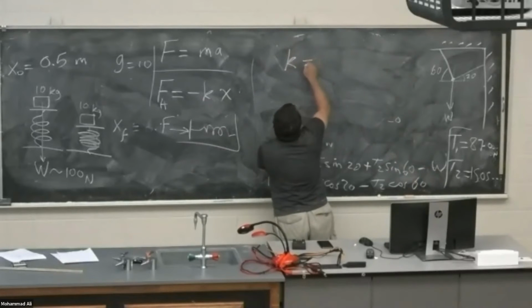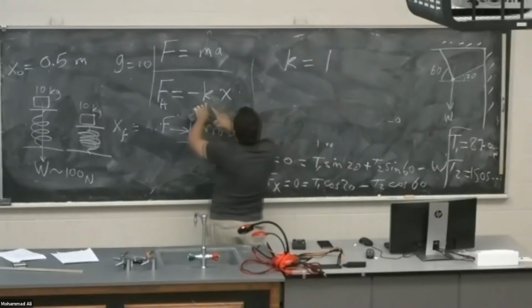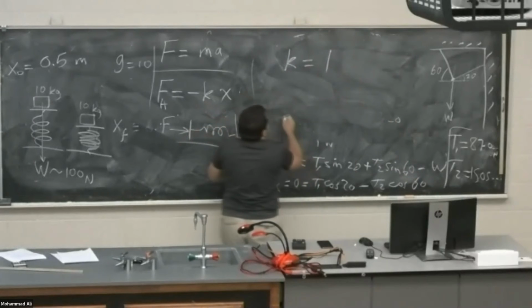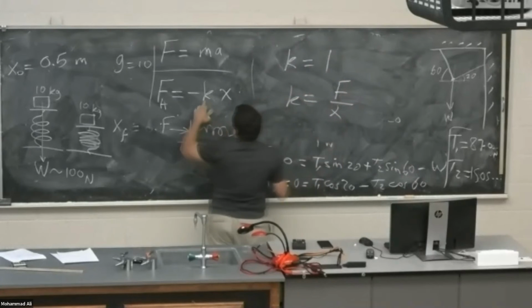For example, if k equals 1, how can I find its unit? k is equal to F over x.